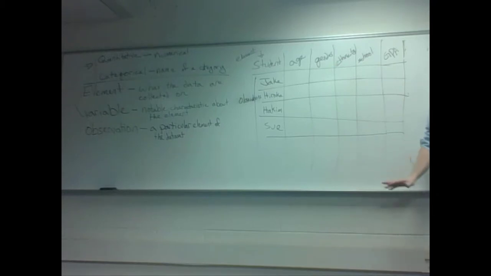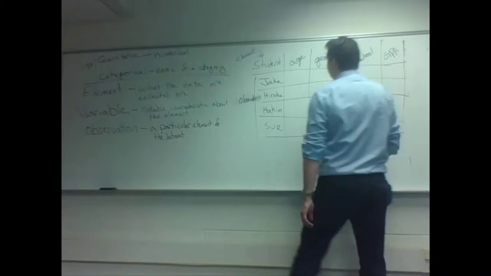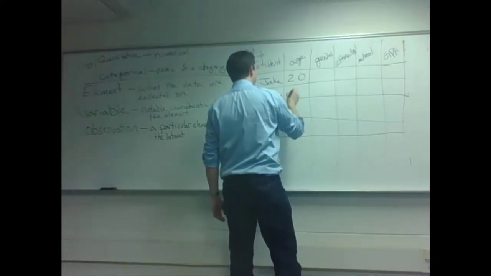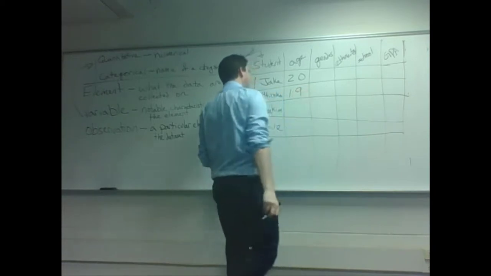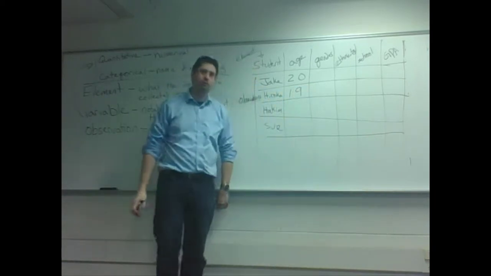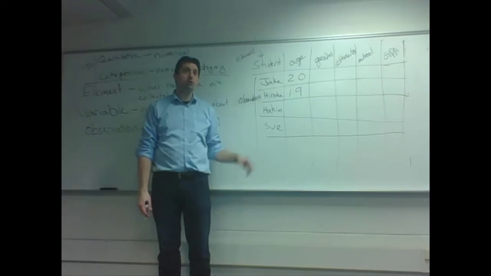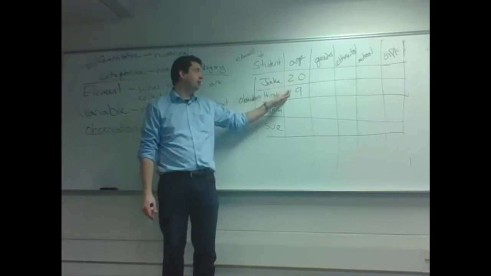We good so far? Now the thing about numerical data, about quantitative data, is that there are clear implications. So if Jake is, say, 20 and Hiroka is 19, compare those two ages. One is 20, one is 19.